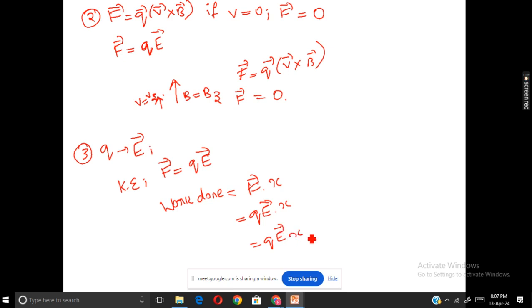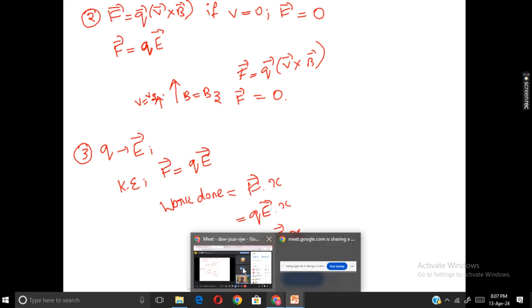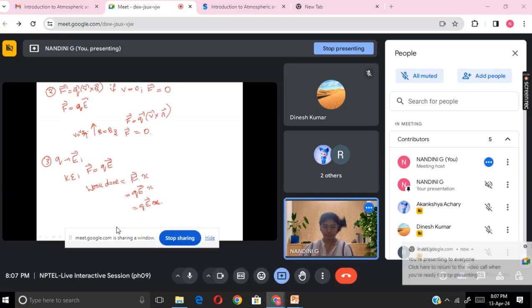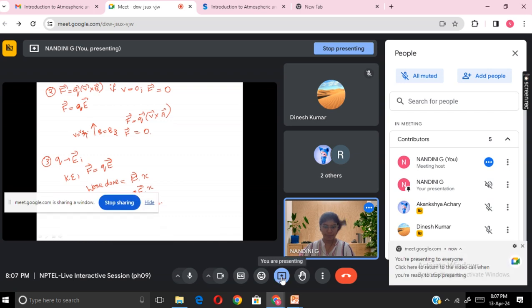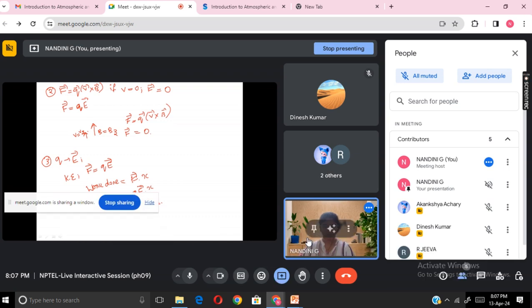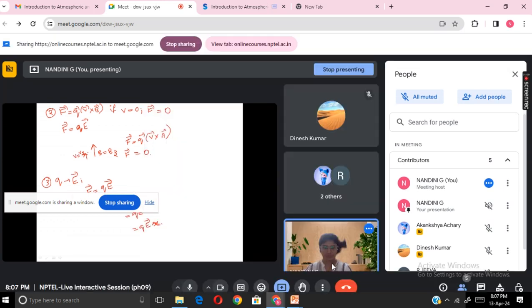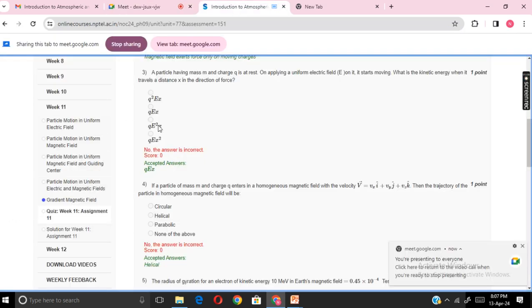This is the work done, or the kinetic energy when the charge starts moving. So the answer is qEx.